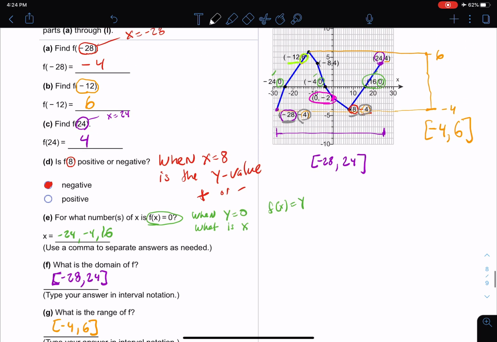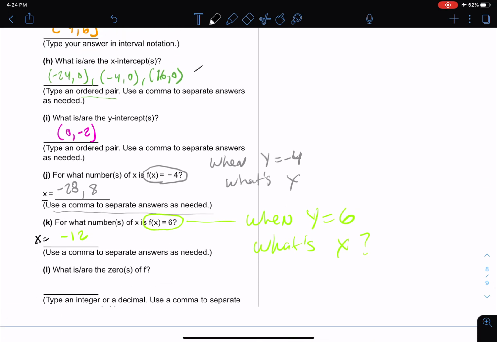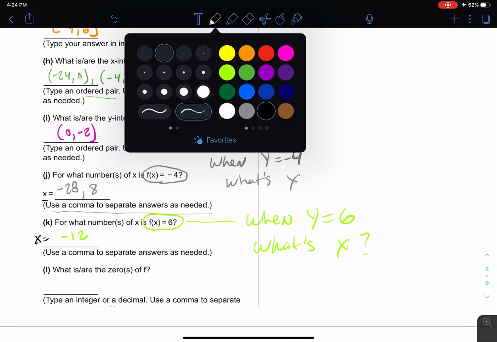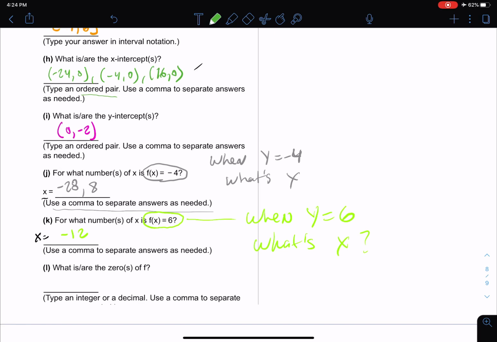You can see them there in green. So let's just do this in green. Instead of being ordered pairs, if they're zeros, we're not going to write them as ordered pairs. They're going to be individual numbers separated with a comma. So it's negative 24, comma, negative 4, comma, 16.